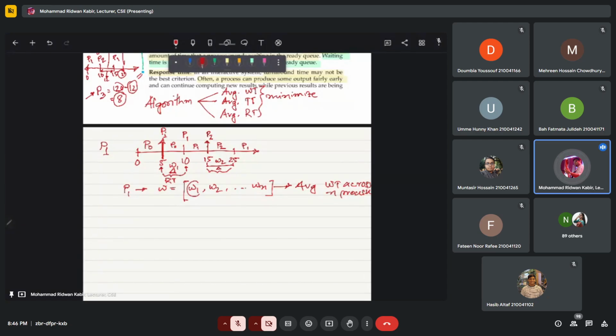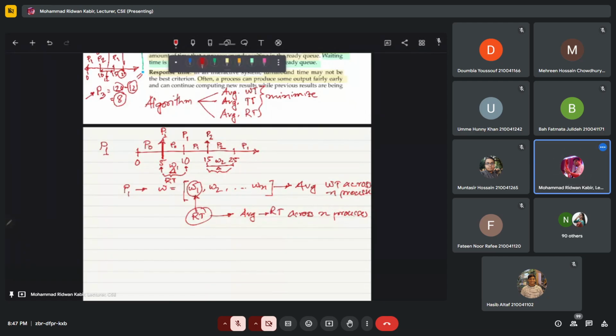Now W1, the first instance of waiting, is known as your response time. Whenever you take the average of this value for all processes, it will give you the average response time across n processes.